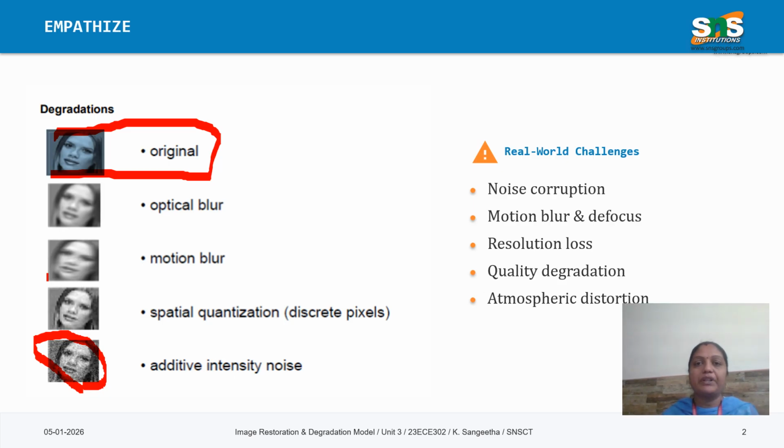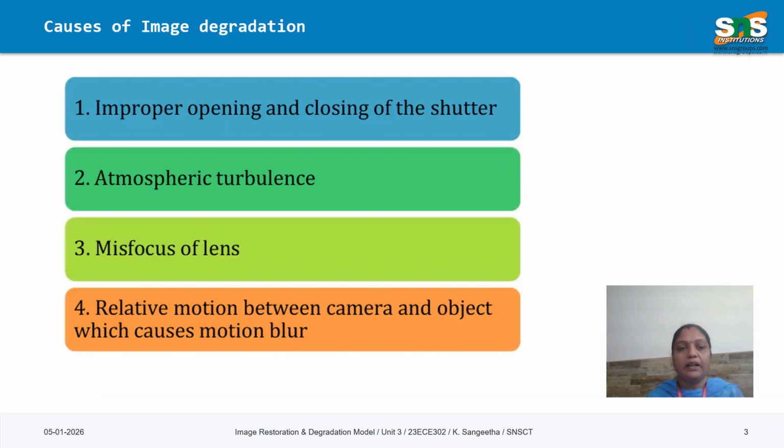These are the uses of image restoration. The causes of image degradation are atmospheric turbulence, misfocus of a lens, and relative motion between camera and the object, which causes motion blur. Mainly it is used to improve image quality for applications in medical imaging, remote sensing, and communication systems.